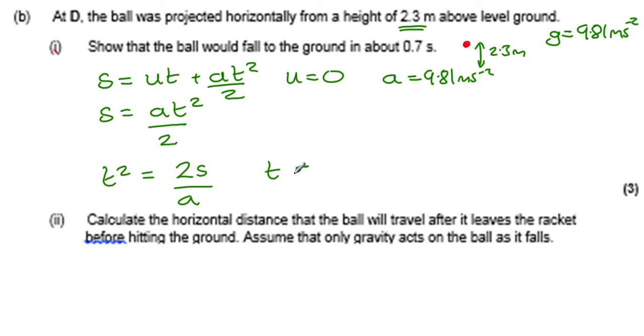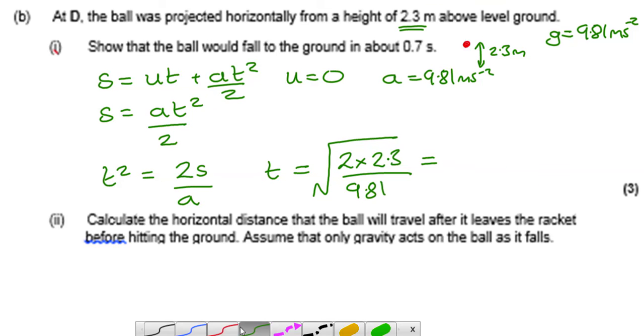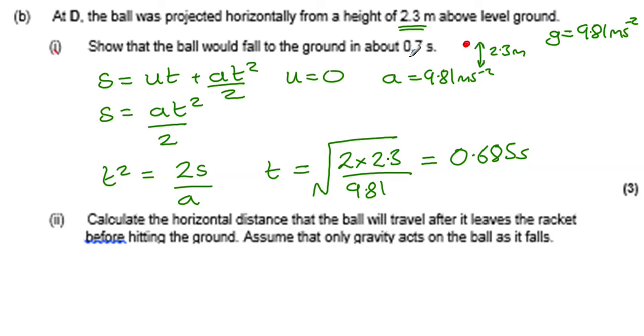You can rearrange this further and say that time is going to be the square root of 2 multiplied by the distance, 2.3 meters, divided by the acceleration, which I'll put in as 9.81, and that gives you an answer of 0.685 seconds, which rounds nicely to their 0.7. Again, make sure you show your decimals. Don't just write 0.7 because they'll just assume that you've said, oh, there's the answer, there you go. So that's the sort of thing they're after.